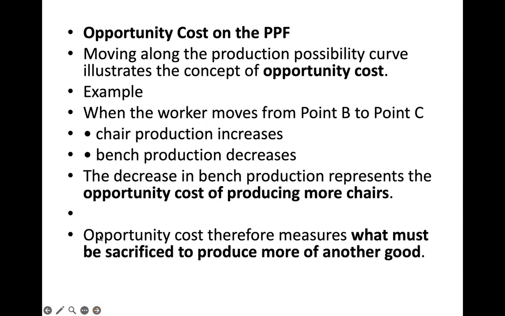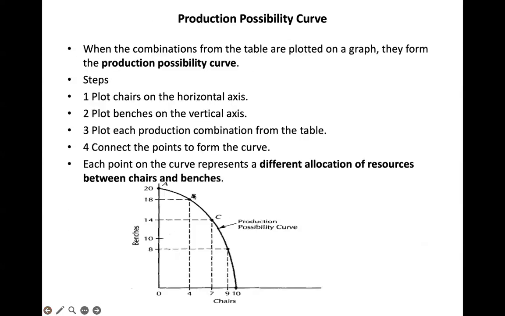So when you are moving along the production possibility curve, you are illustrating the concept of opportunity cost. When a worker moves from point B to point C, it means he's reducing from 18 to 14 benches.